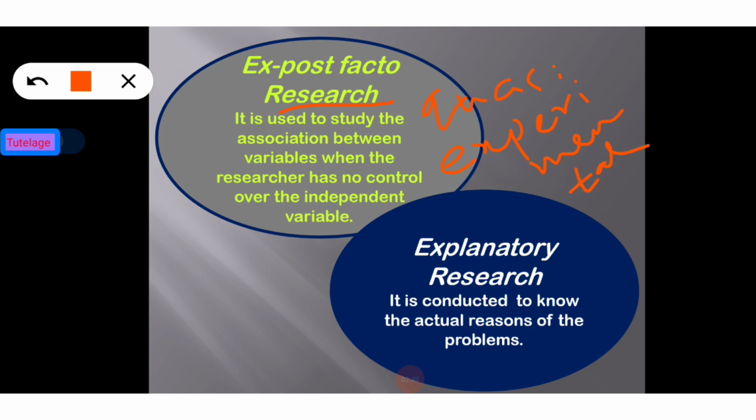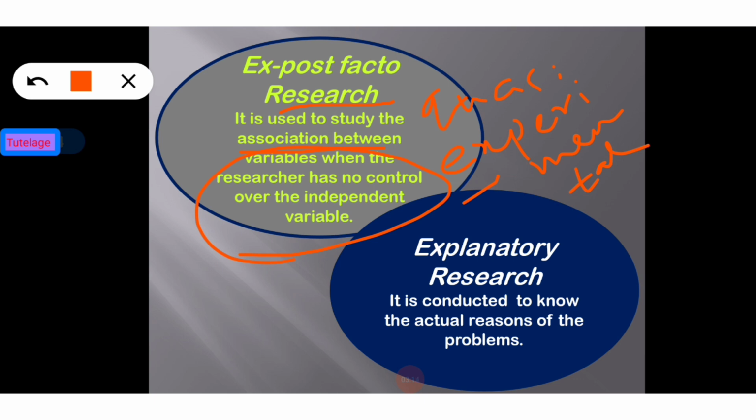We have already told what we mean by experimental research, so this is a kind of experimental research. Ex post facto research is a substitute for true experimental research, and it is used to study the association between variables when the researcher has no control over the independent variable.